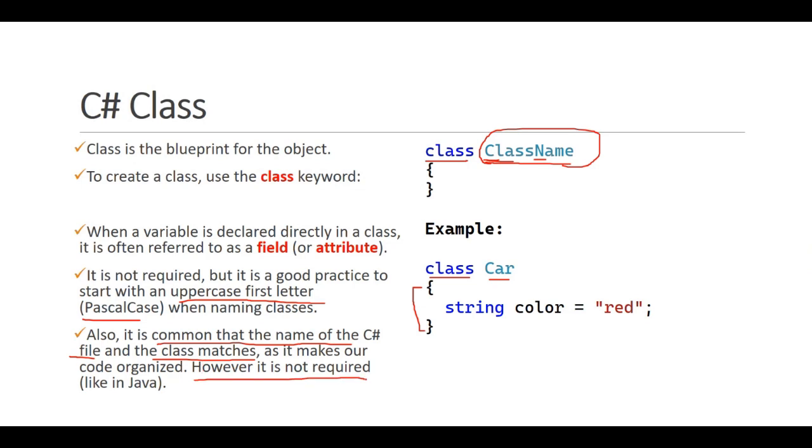In Java you are required to have the class name and the file name the same. You have to write it in Java, but in C# you don't have to, but it is good practice to use the same class name and same file name if you are going to create a separate file for classes.